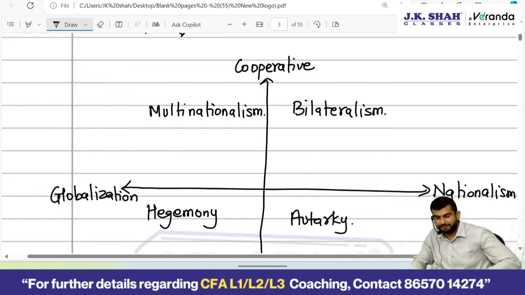That is why bilateral FTAs are being signed between India and other countries. It's not that the same set of rules will be applicable with all the countries. Very much possible. An FTA can be signed only with the Eurozone and not all European countries. That is also okay. Possible.